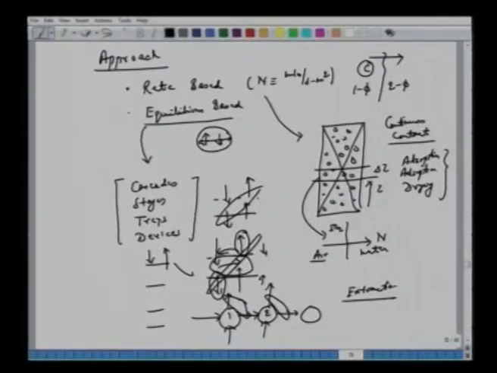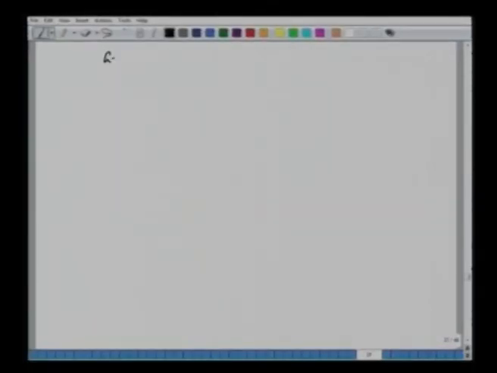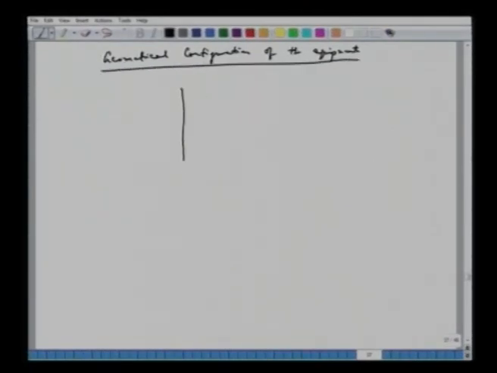Now again we said that approach is one thing and actual geometrical configurations of the equipment is another thing, which means even if we have a continuous packed bed like this, so it's a real geometrical configuration, air goes like this and water flows from this.